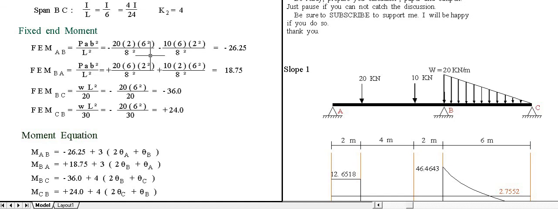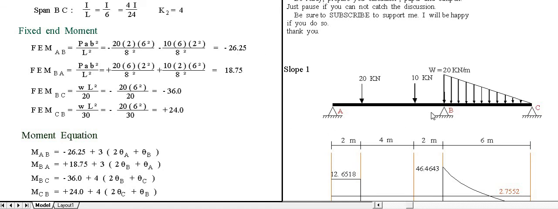Then the other load is 10 times this distance 6, square of this 2, then total span 8. Simplifying this is minus 26.25.